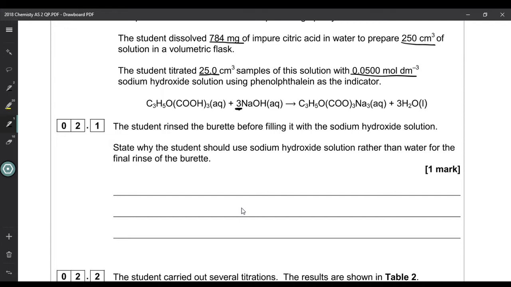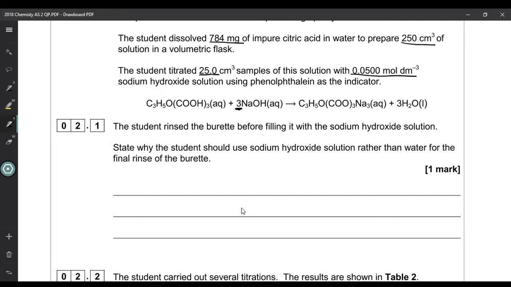When you carried out an experiment like this during your A-level, you will have rinsed out with sodium hydroxide, and students are able to recall doing that, but many students don't know why. In this case, if they used water, it would dilute the sodium hydroxide, because there'll be some remaining water there. So when you fill up with sodium hydroxide, it wouldn't be the true concentration, it would be a diluted version.